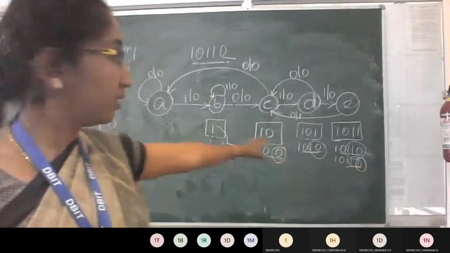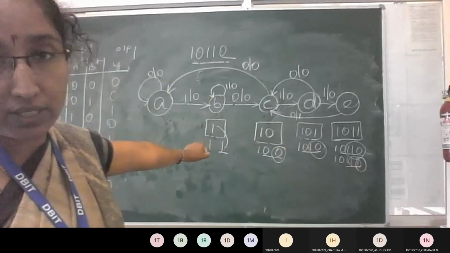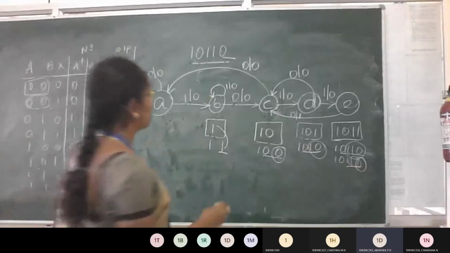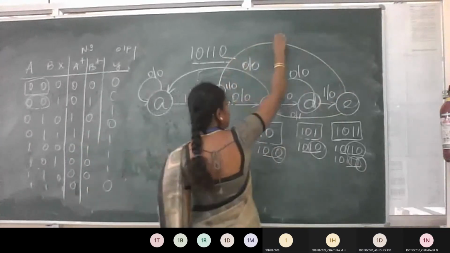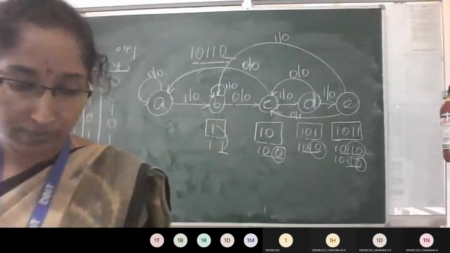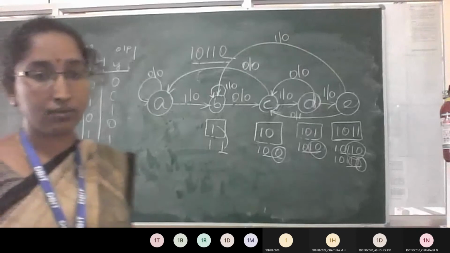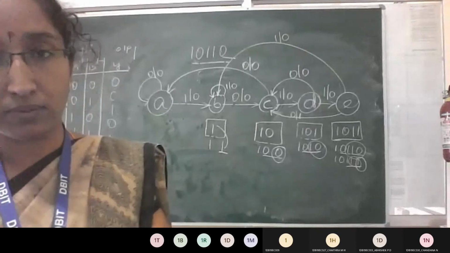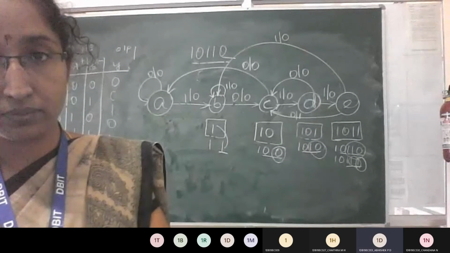So last bit 1, so it is comparing with B. Yes, ma'am. So E has to move to B when x is 1, output is 0. Okay? Is this clear? Yes, ma'am.